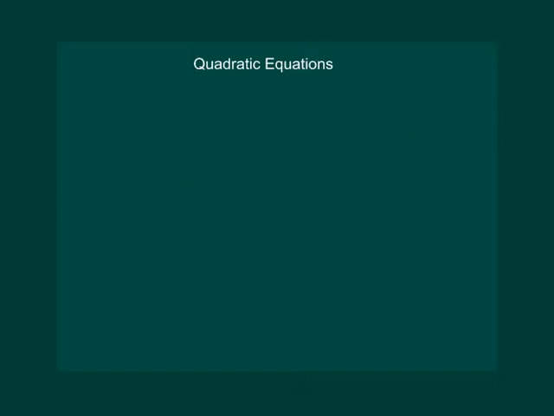Quadratic equations. We have studied different types of polynomials. A polynomial of degree 2 is called a quadratic polynomial. When we equate this polynomial equal to 0, we get a quadratic equation.